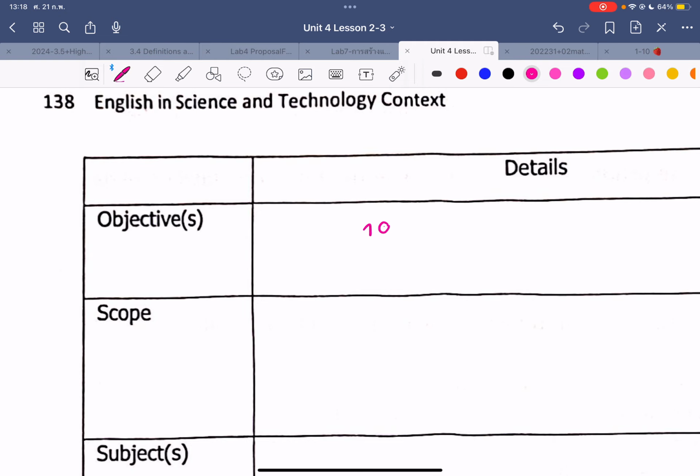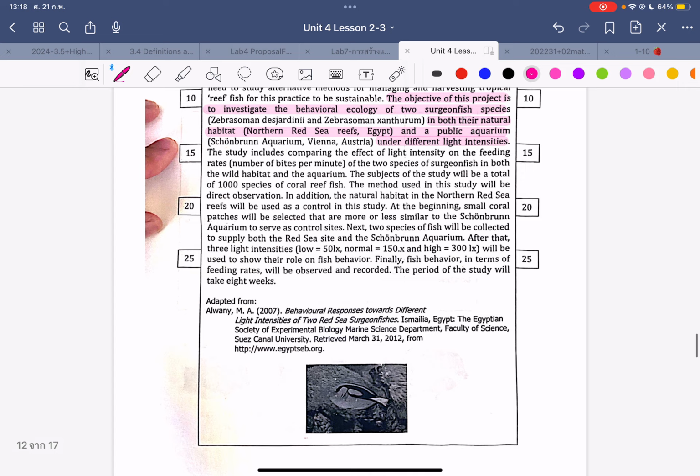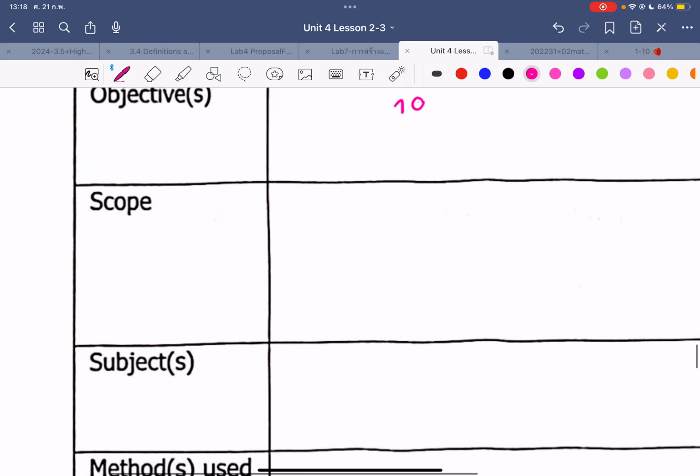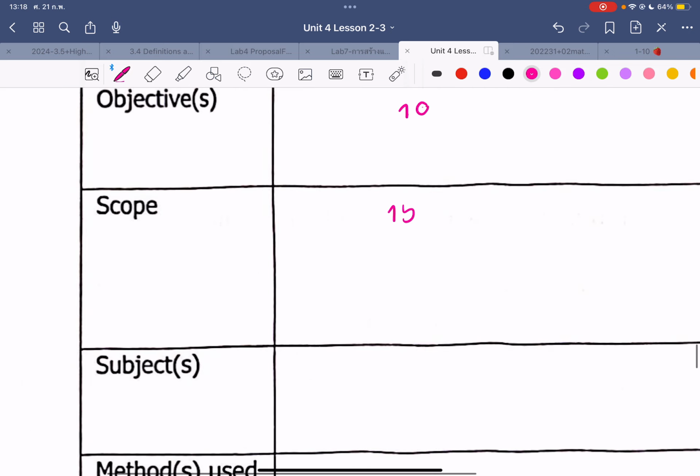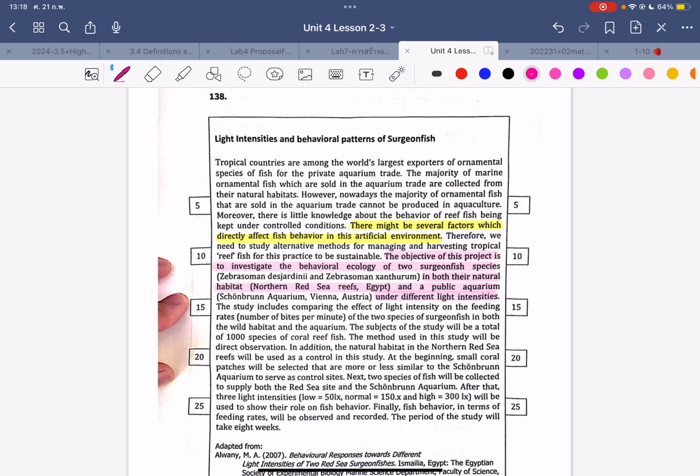Where they naturally occur. But then what is the problem? This fish cannot be produced in aquaculture. That means cannot be farmed, like fish farming, right? So fish farming or pisciculture. Do you know pisciculture? Pisciculture is only fish farming.